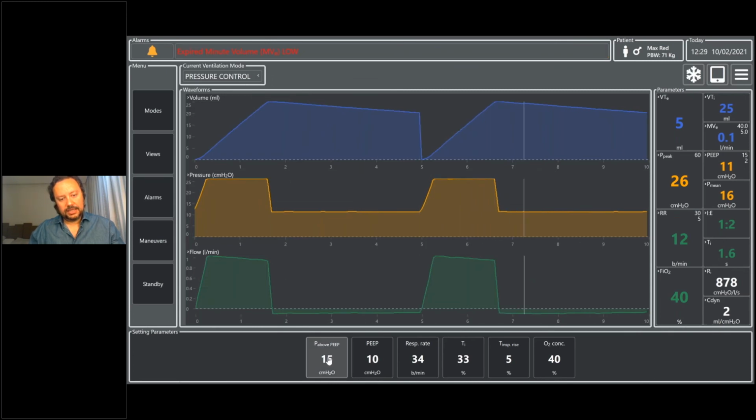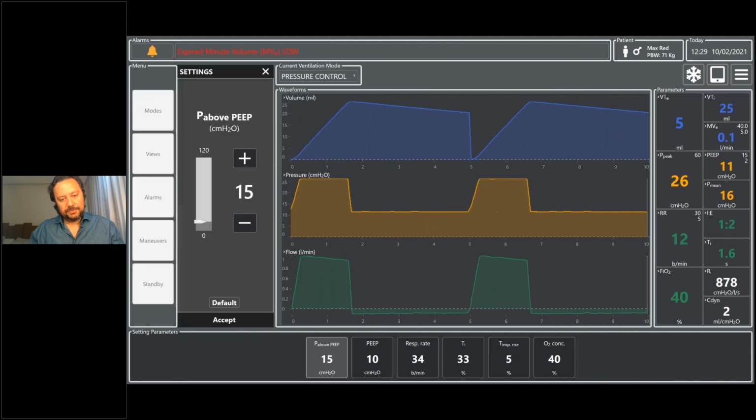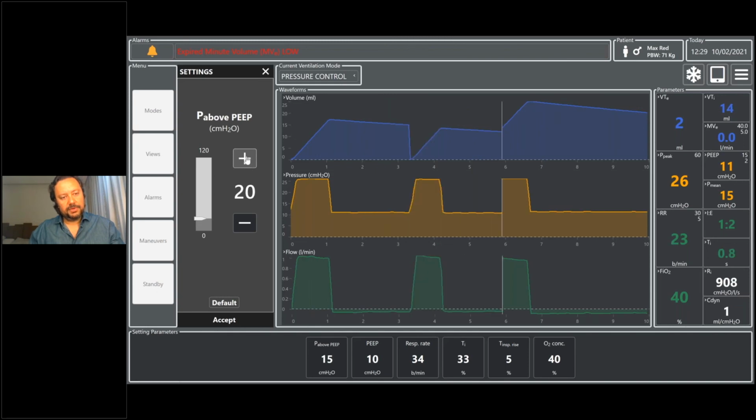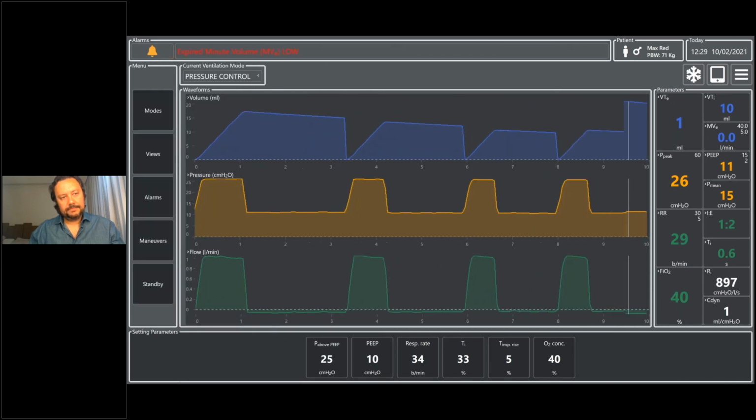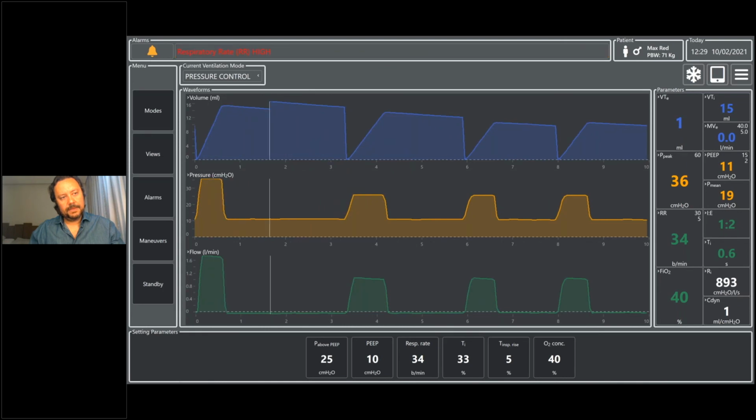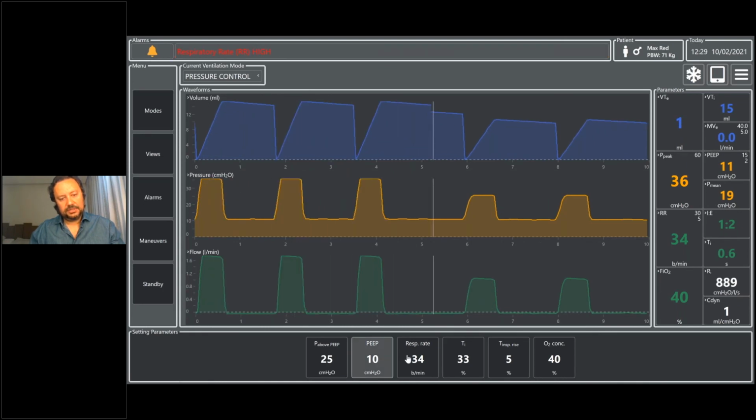Then I can set my pressure limit 15 above PEEP. So if I have the PEEP at 10 and I select 20 above PEEP, or 25 above PEEP, this will allow the ventilator to give higher pressures. Okay, so the respiratory rate is high. It's saying the respiratory rate is high.